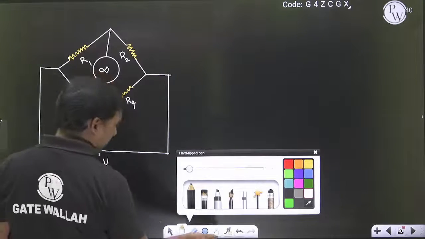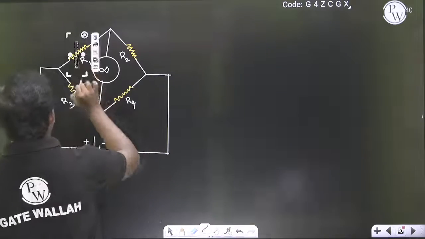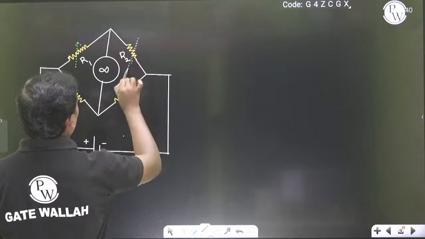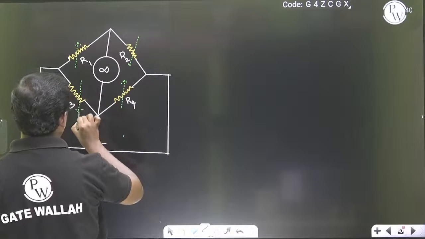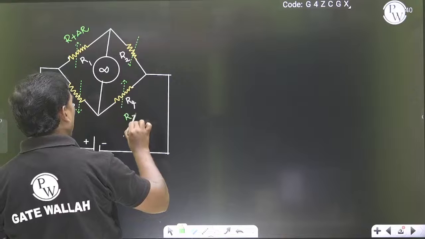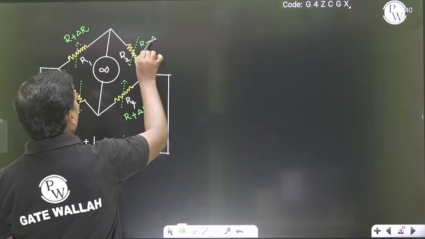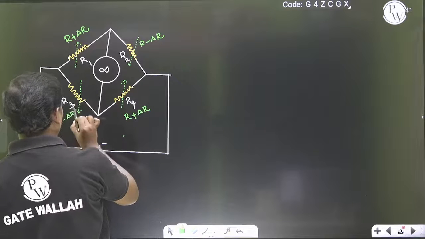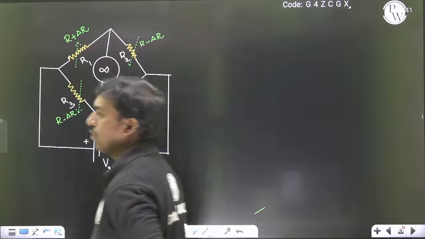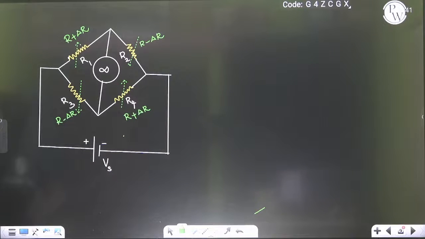Suppose I am taking this as R plus delta R and this also R plus delta R, this has R minus delta R, this has R minus delta R. I have connected the bridge in such a way, the resistors are properly placed in such a way that the bridge should not become balanced.